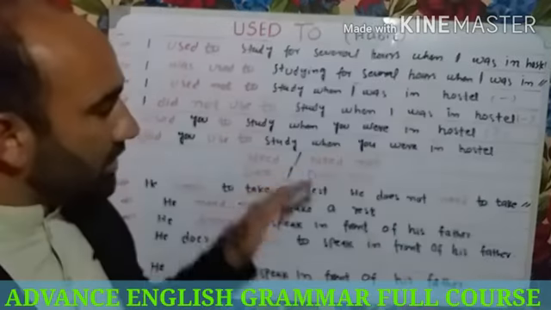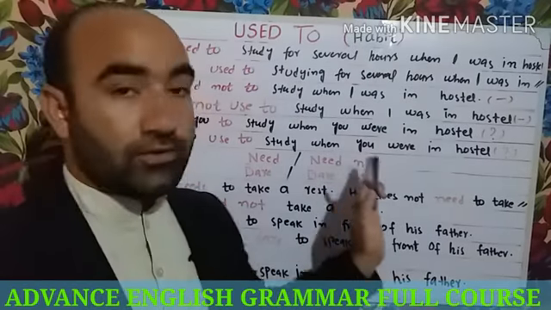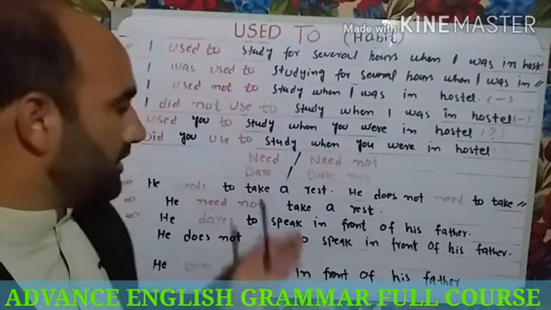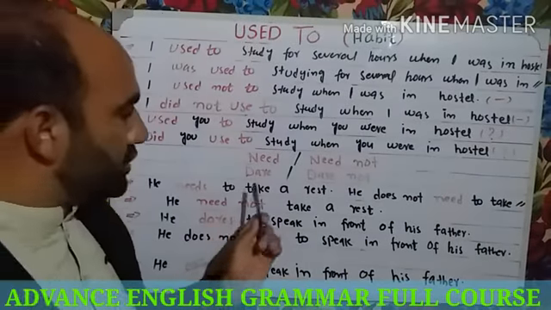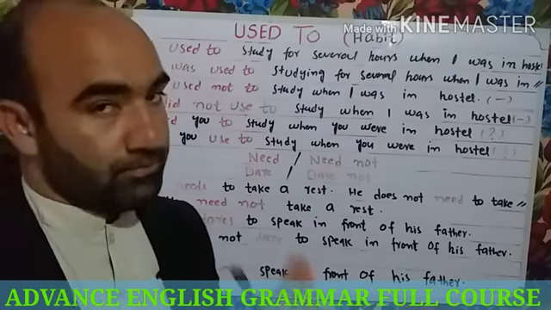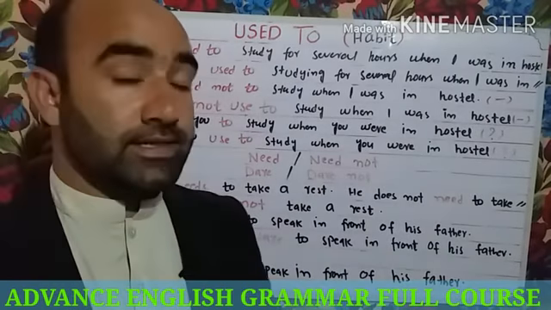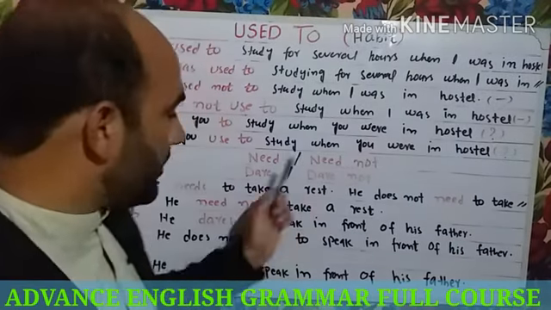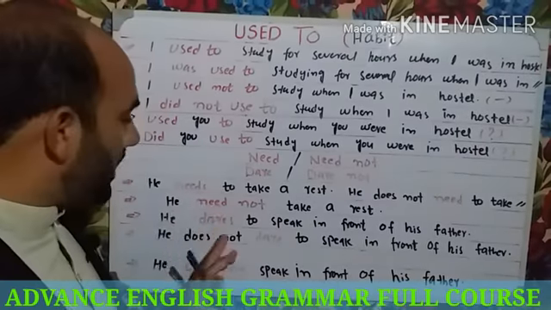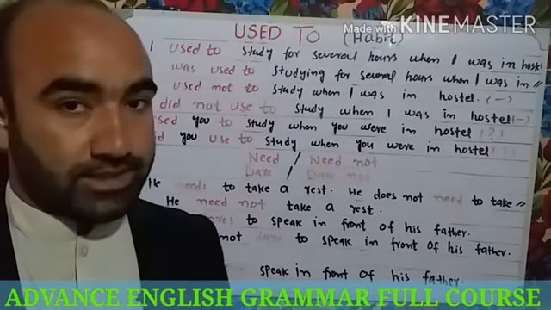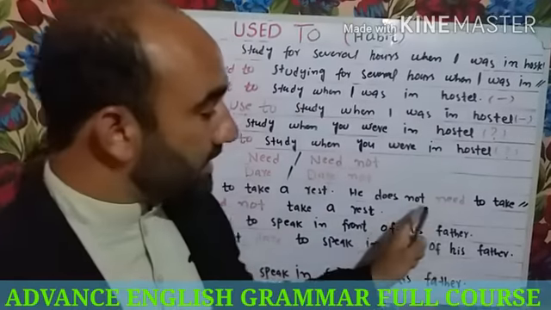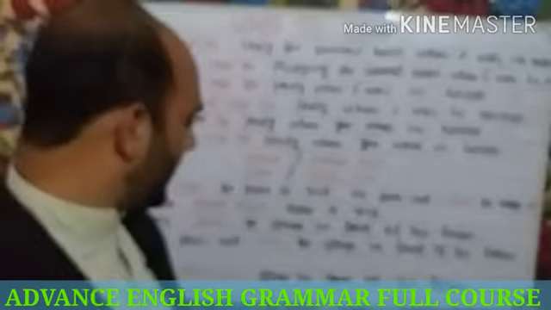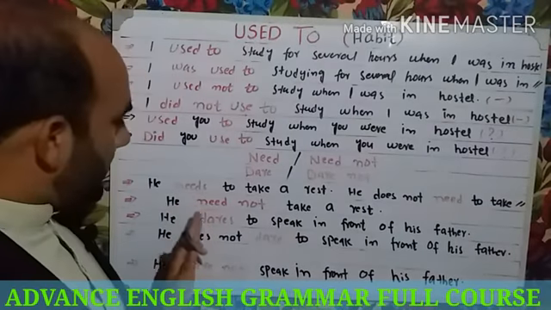Now let's talk about need, need not, and dare, dare not. These are two modal verbs. He needs to take a rest. The positive sentence. Negative: he does not need to take a rest, where we remove the s from need.